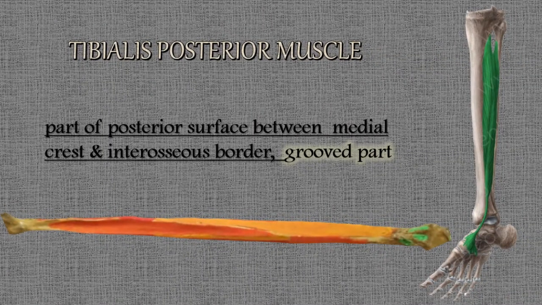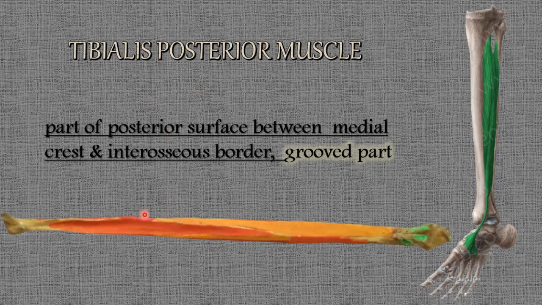Tibialis posterior muscle. The tibialis posterior takes origin from the part of the posterior surface between the medial crest and interosseous border, the grooved part. This is the medial crest and this is the interosseous border, and between them, highlighted in orange, is the grooved part of the posterior surface which gives origin to the tibialis posterior muscle.